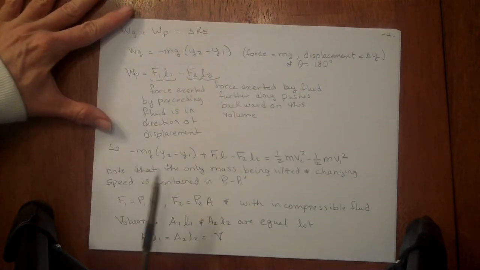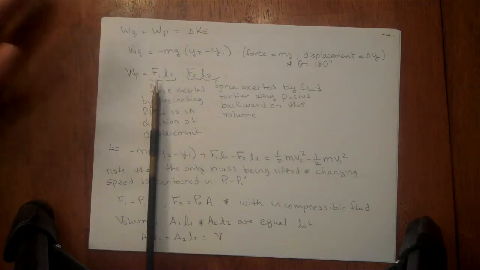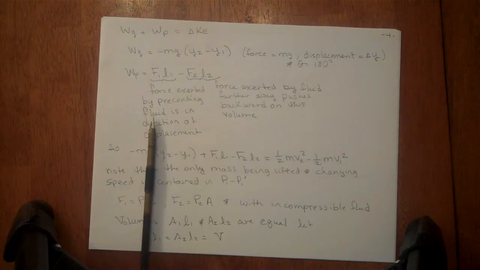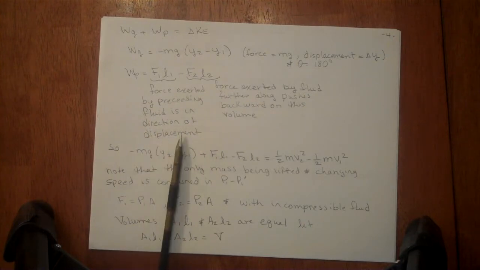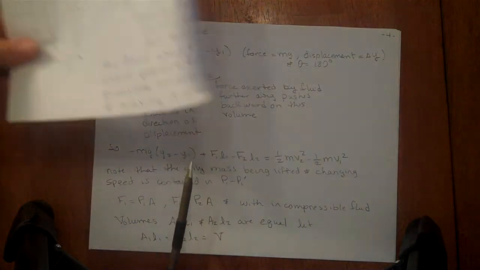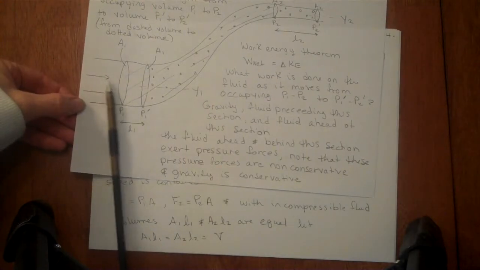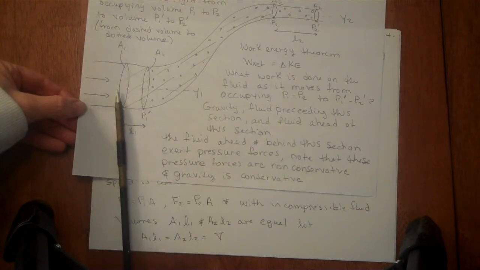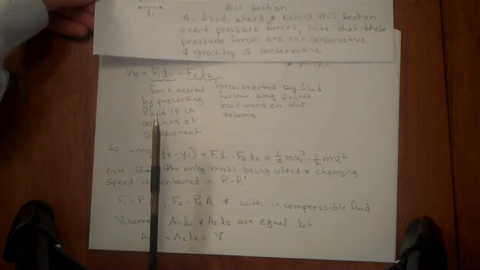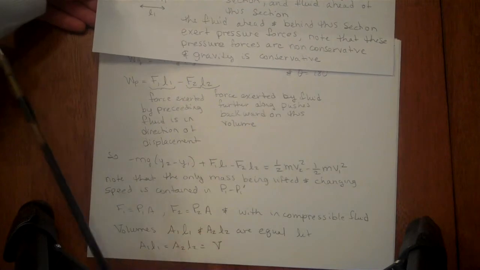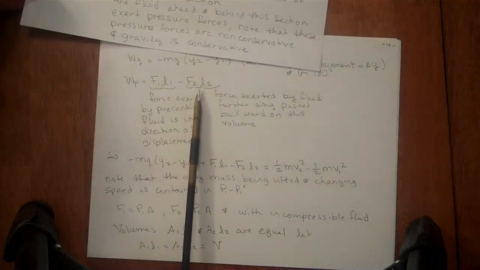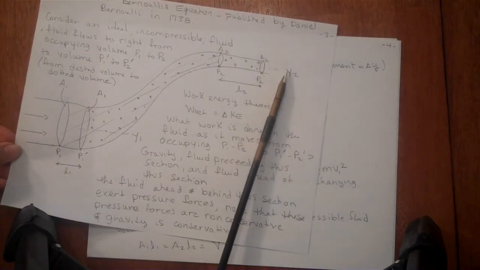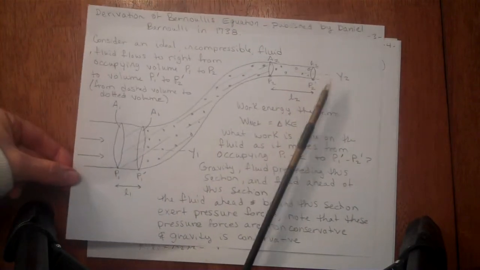So the work done by the pressure force is going to be equal to the force being exerted by the preceding fluid, and it is in the direction of the displacement. So again, that's the force exerted by the fluid here, and it's pushing along the distance L1. So the angle between the displacement and the force is 0 degrees. The other pressure force we're getting here is the force being exerted by the fluid further along in the pipe.